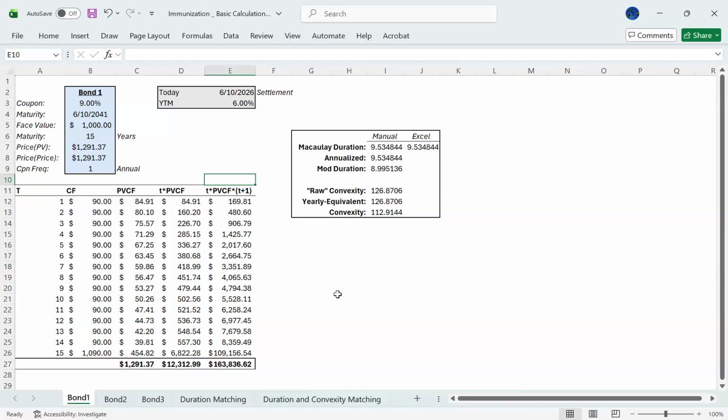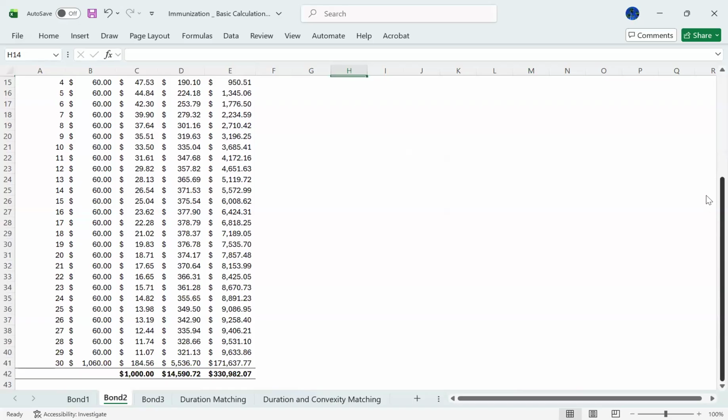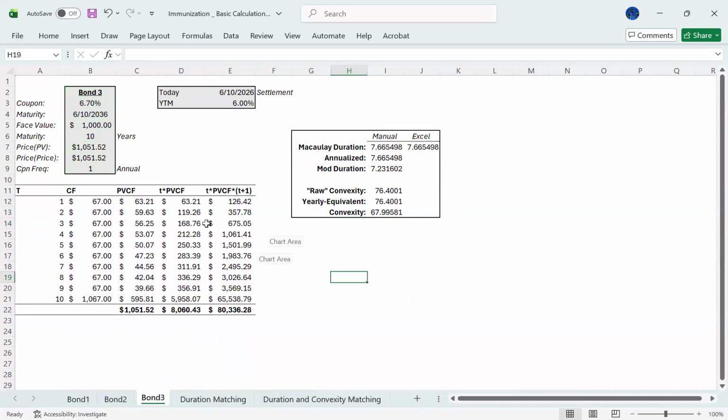And I have covered in other previous videos, there's a very detailed calculation of the price of a bond, the duration of a bond, the modified duration and convexity of a bond. So you can go over these previous videos and the calculations are essentially exactly what we are seeing here for each one of these bonds.